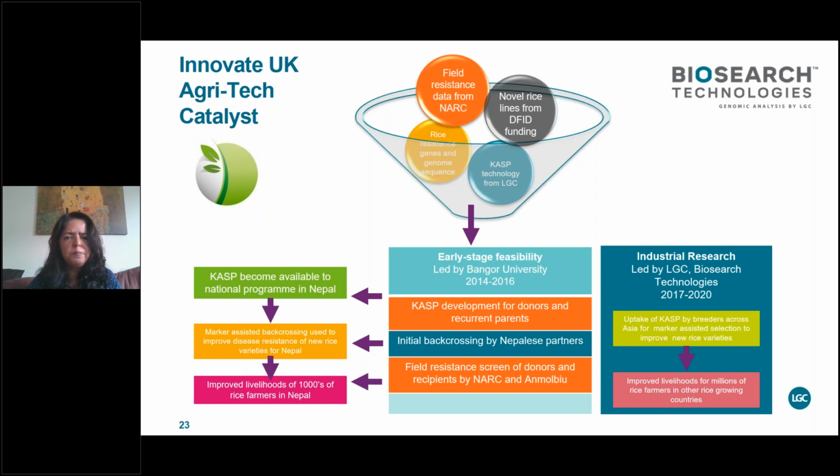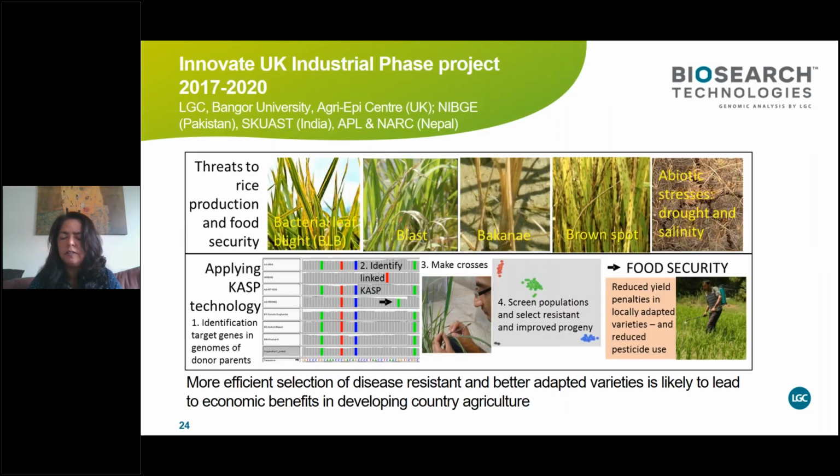So as part of this project, we welcomed NIBGE and SCUAST, who joined the project in the industrial phase. Some of the targets were also expanded, and we wanted to improve drought and abiotic stress tolerance. We looked at brown spot and other significant diseases.